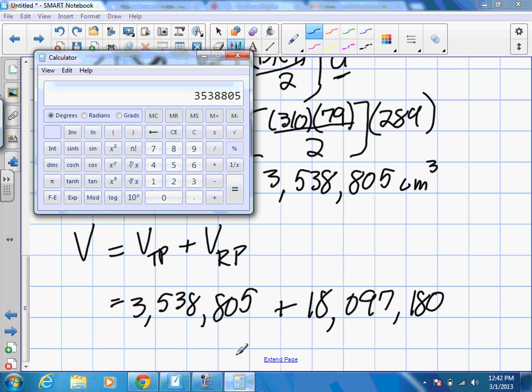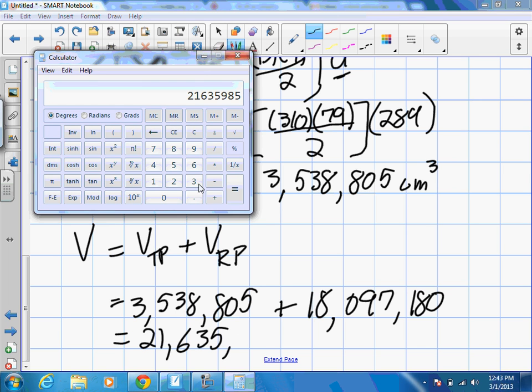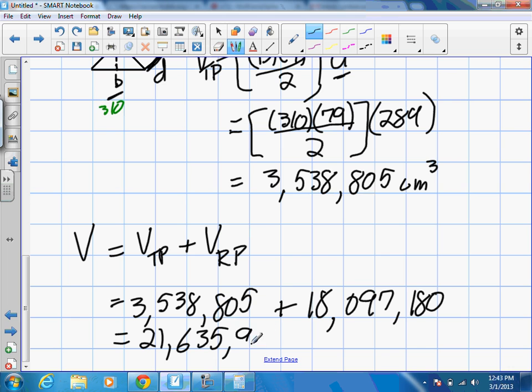Plus 18,097,180 equals 21,635,985 centimeters cubed. Again, had we worked in meters, it would have been a little simpler to work with.